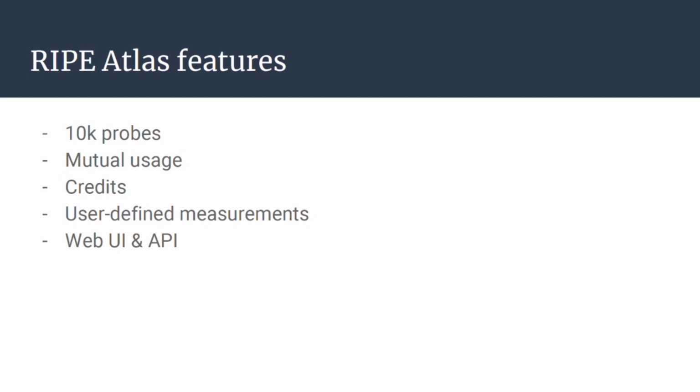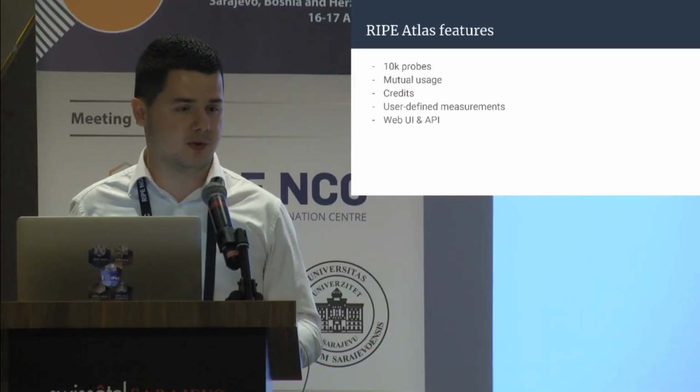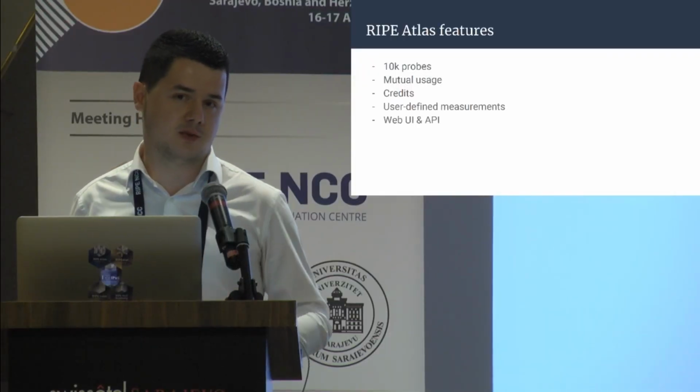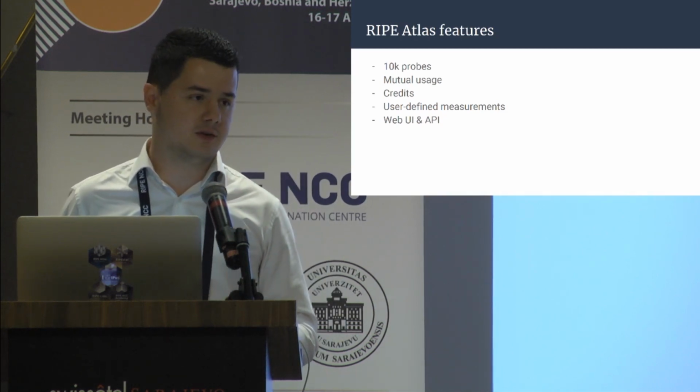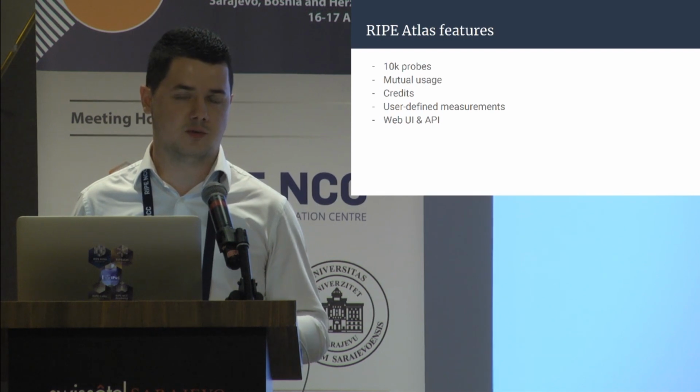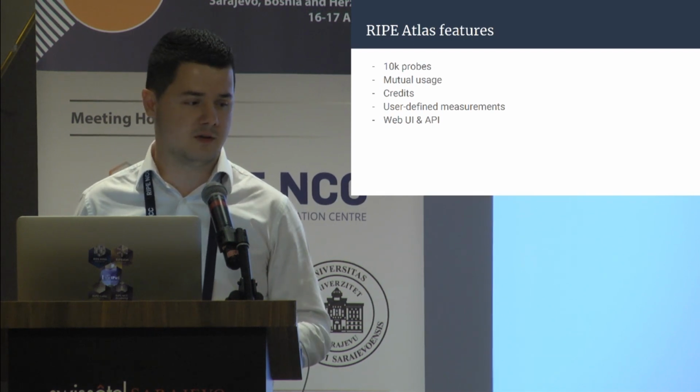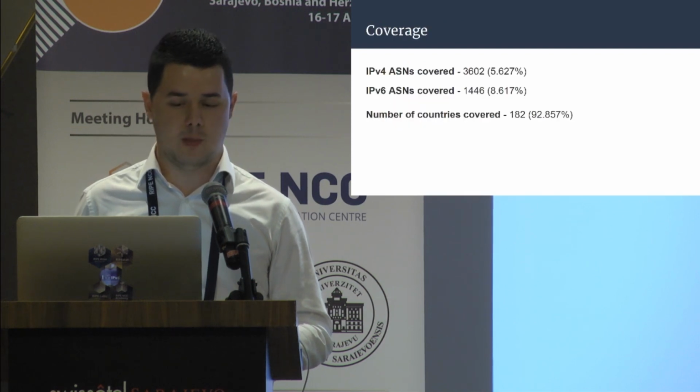You can get credits for having probes up, and you can also get them by other people using your probes to create measurements. You can send credits to other people. You can get credits for free from events like this. And you can create your own measurements using the web UI and APIs.